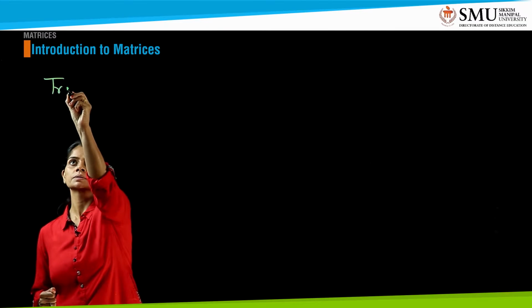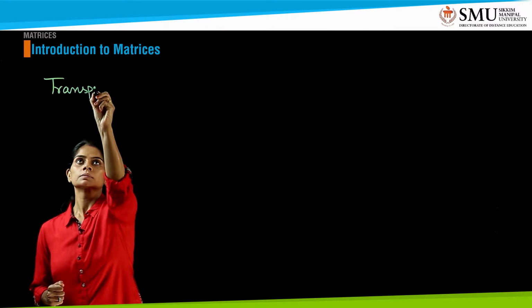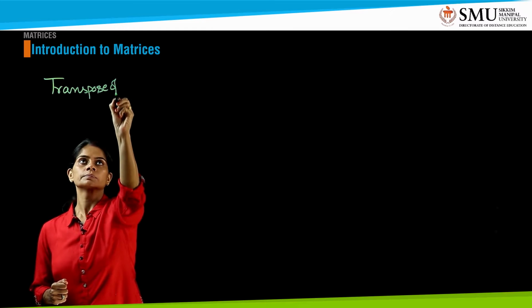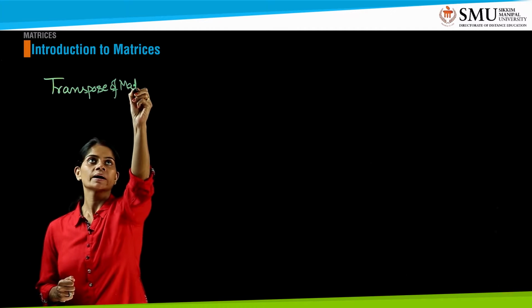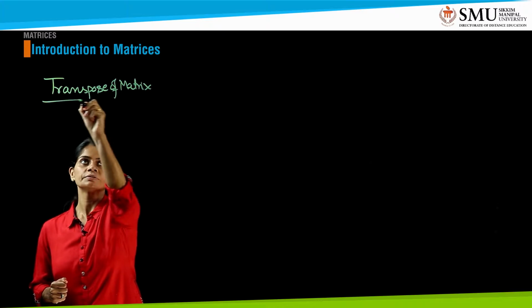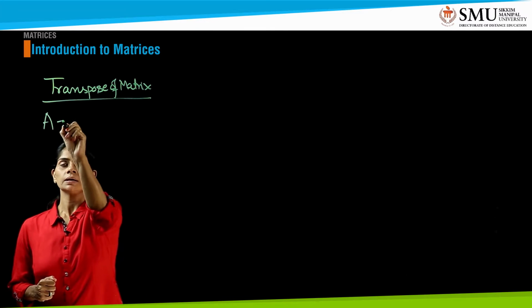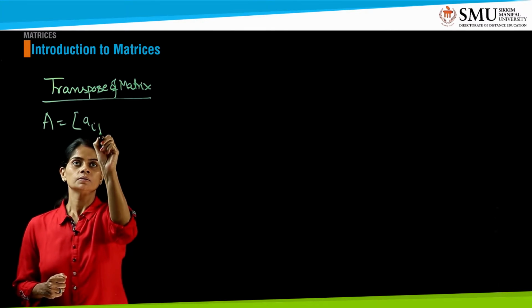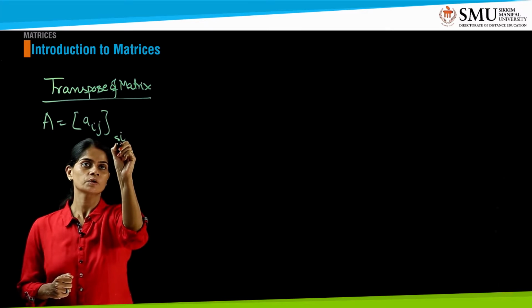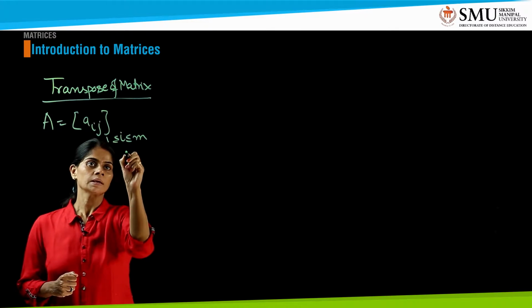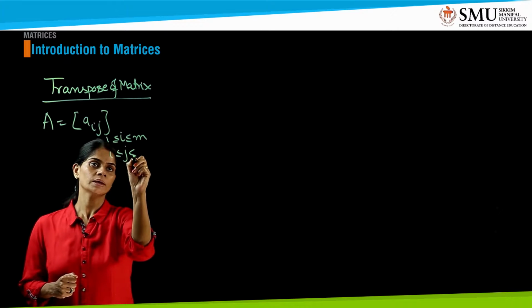Now, let us define what you mean by the transpose of a matrix. Suppose you have a matrix A defined as Aij, where i varies from 1 to m and j varies from 1 to n.